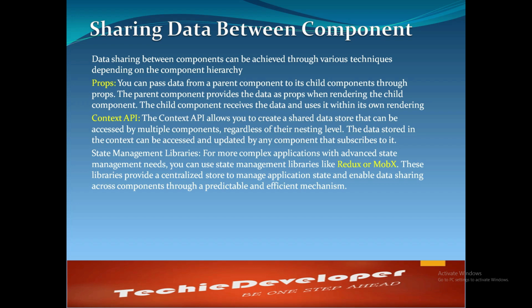That time we can go with Redux or MobX. These are external libraries, which we have to add in our dependencies, and then we can use them in our React application. So these are the three types we can use for sharing the data amongst the components: props, context API, Redux or MobX. Let's see them one by one practically.